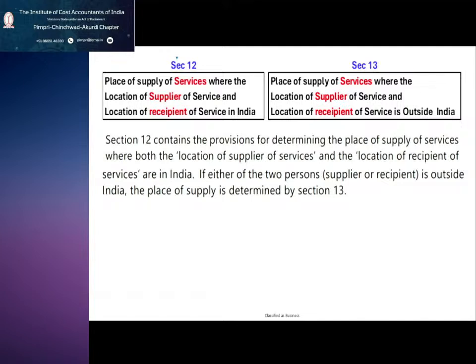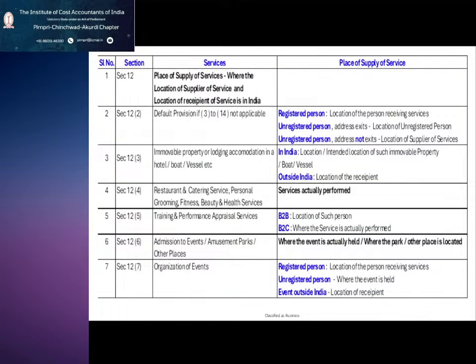And if you see my screen, section 13 is also there, which is outside India. I have just prepared this particular slide subsection-wise. For easy study purposes, I will try to consolidate whichever sections we have, like where the address exists, where the address does not exist, or which are the two subsections where the place of supply of service is common.